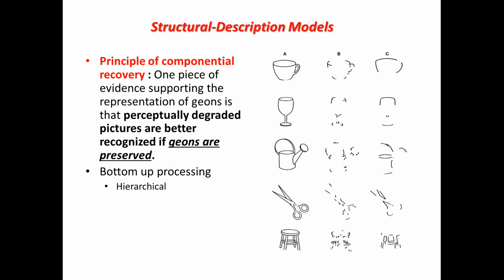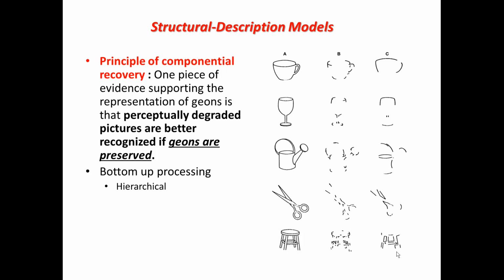But what they differ in is in terms of what is maintained and what is missing. And you can see that if you take away some of the critical geons, then recognition becomes much more difficult, and people are consistently more likely to recognize correctly these images in column B than the images in column C.